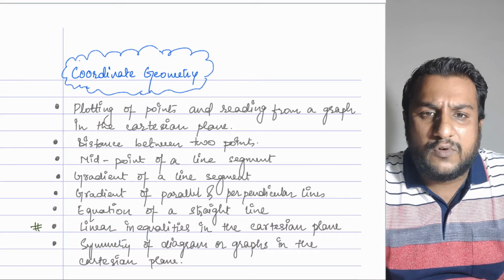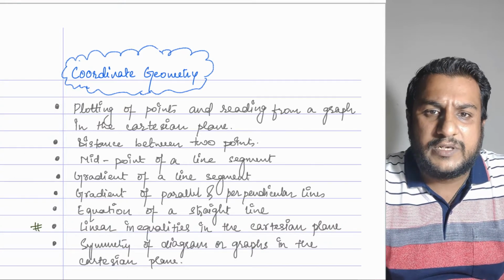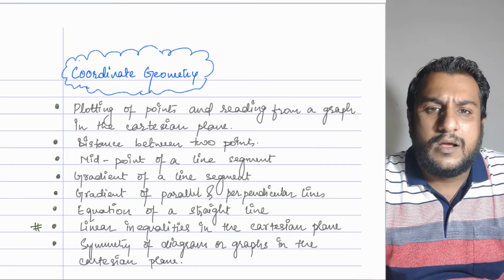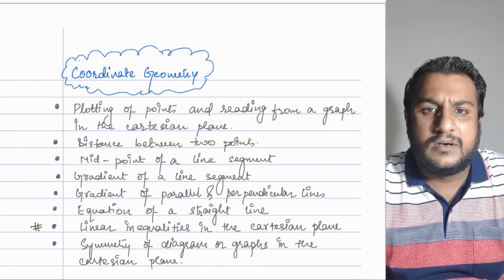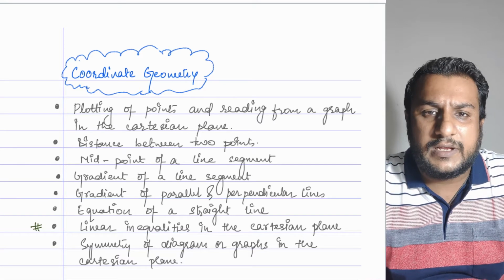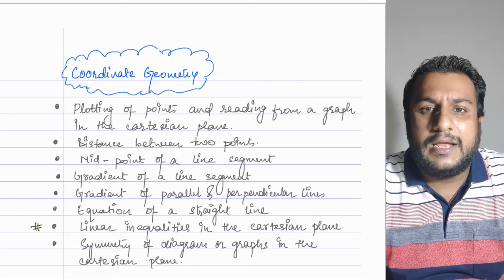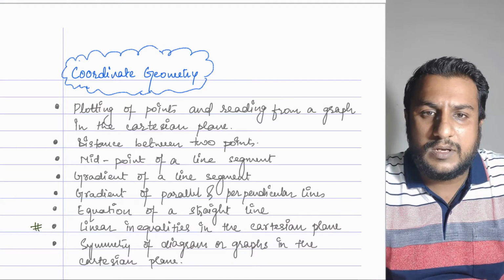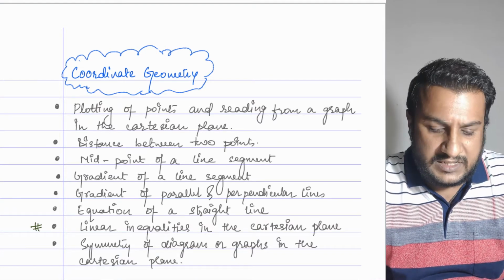The second part will focus on straight lines, equation of straight lines and graphing straight lines on the Cartesian plane. And the third portion will cover linear inequalities and graphing inequalities on a graph. Okay, so let's start with the topic.